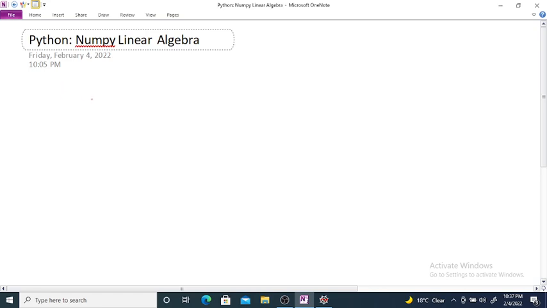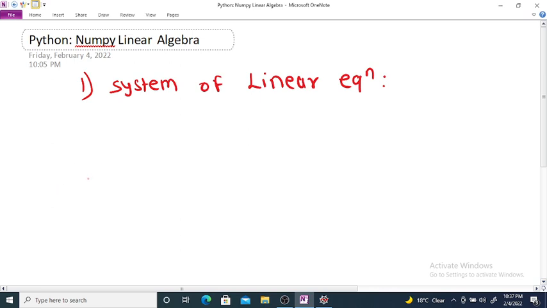Python NumPy linear algebra. First, we are going to solve a system of linear equations using NumPy arrays.